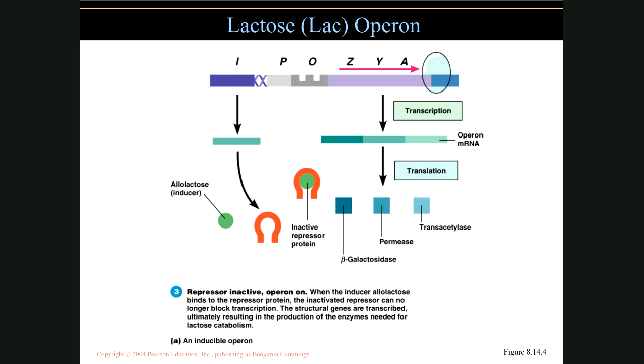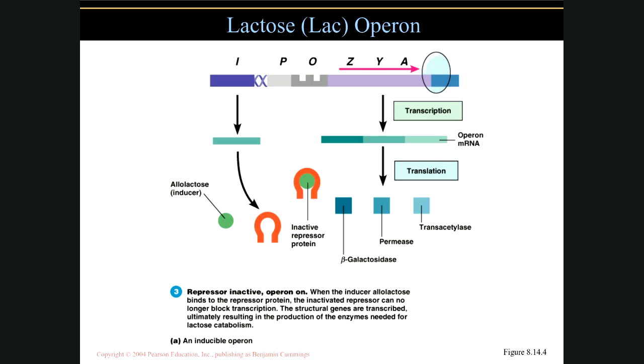But lactose can bind to the repressor protein. When lactose binds to the repressor, it changes the shape of the repressor protein so it can no longer bind to the operator. And remember, as is almost always the case, binding is reversible and concentration dependent. So the repressor protein is on the operator.